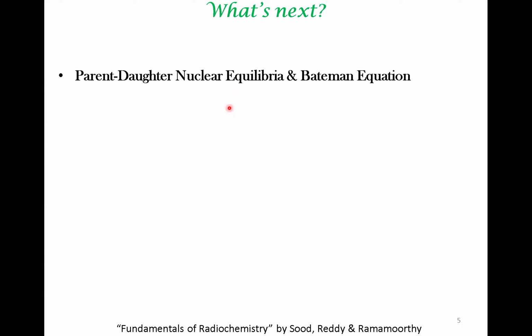We'll clarify here that nuclear equilibria is slightly different from what you've seen in your chemical reaction engineering or chemical kinetics class. We will take this up and we'll introduce an important formula. We won't derive it. That formula is called the Bateman equation. This you would see often in radioactive literature. These topics will be taken up in the next lecture.